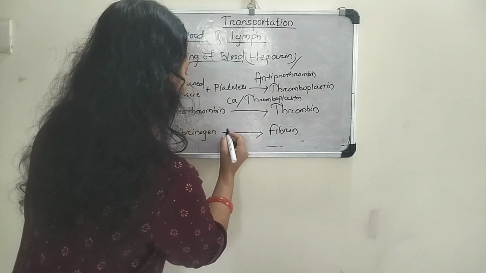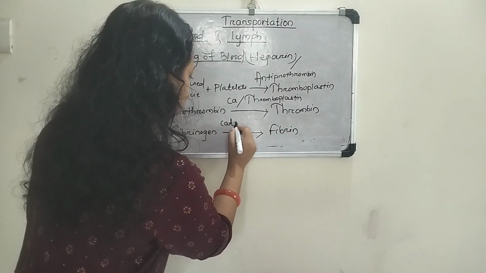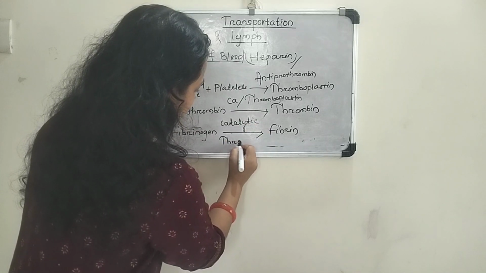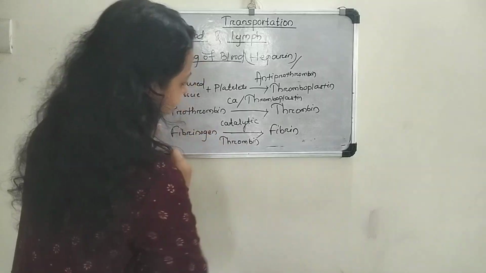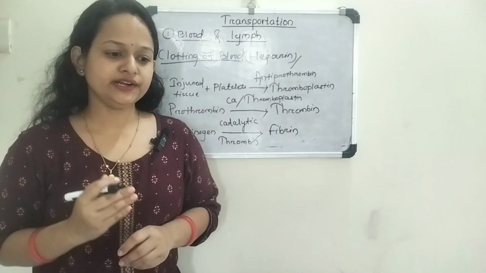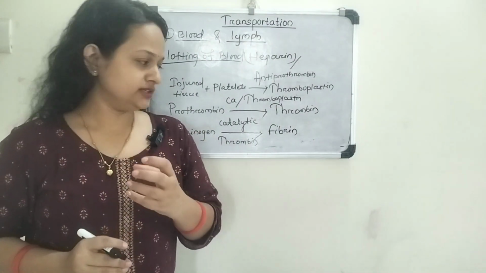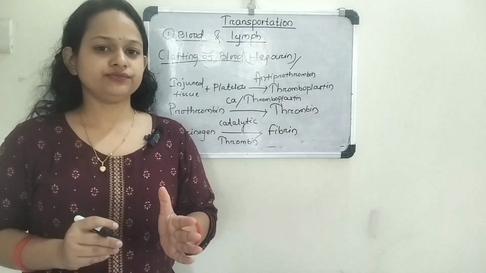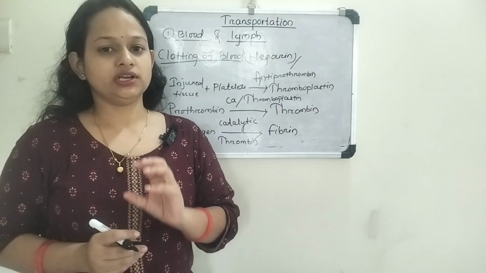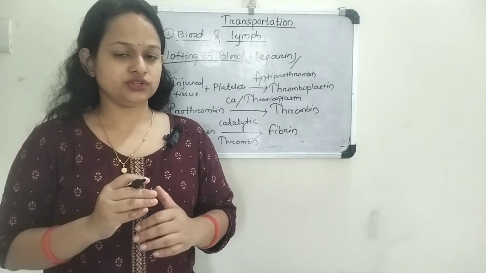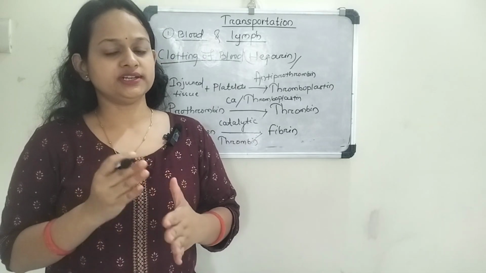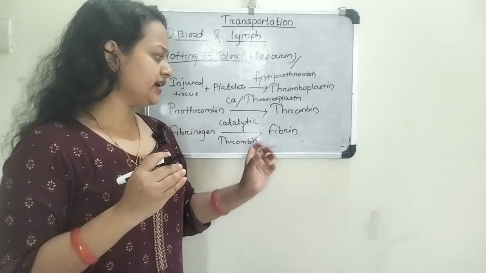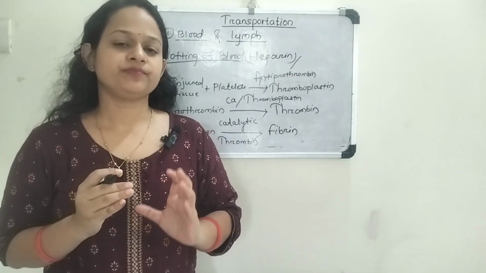The fibrinogen converts into fibrin by the catalytic activity of thrombin, and the fibrin helps in the blockage of the blood vessel where it gets cut, and after this the RBCs get entangled in this fibrin clot.